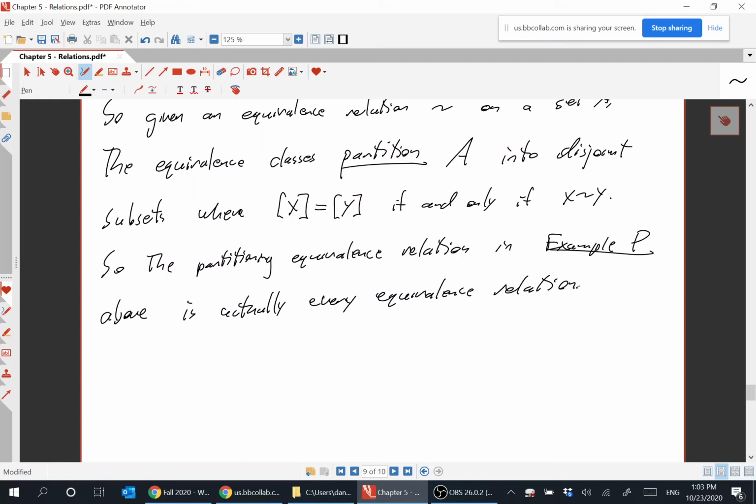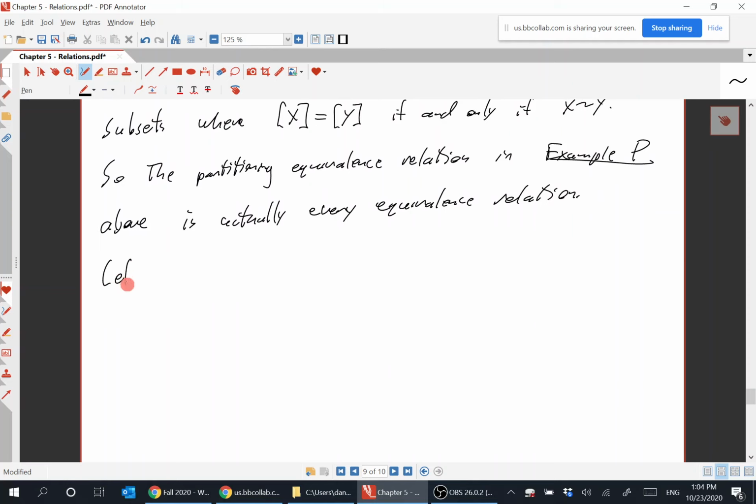So equivalence relations can be described using the partition or using other descriptive language. So let's try to find the partitioning of these other two equivalence relation examples given by equivalence relations.